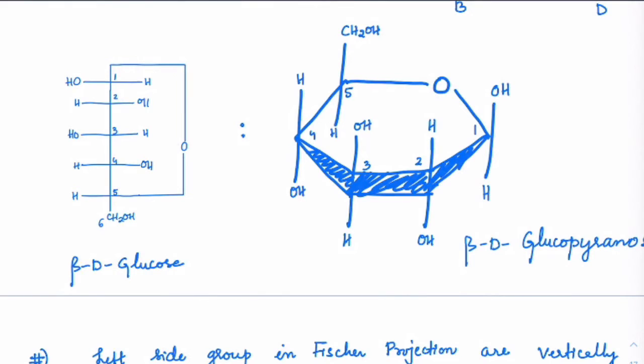This becomes a rule in the Fisher to Haworth projection. Everything that is on the left hand side of the Fisher projection will go up, and everything on the right hand side of the Fisher projection will come down in the Haworth projection. So vertically down, vertically up. Left means vertically up, right means vertically down.